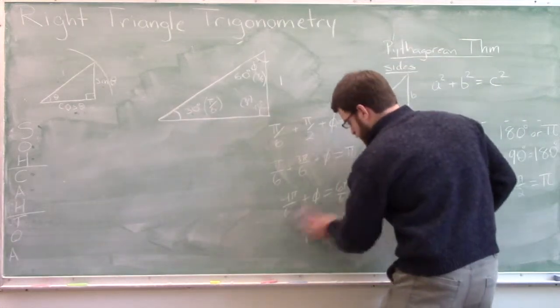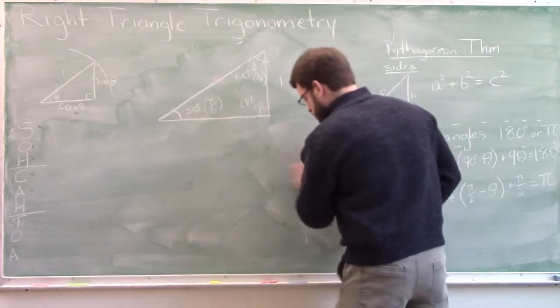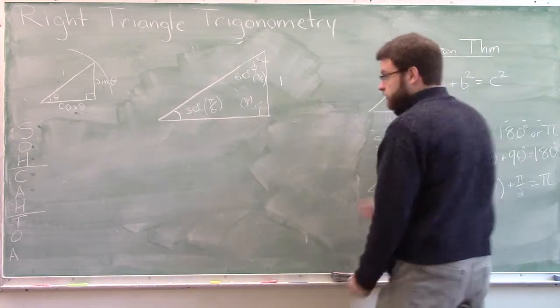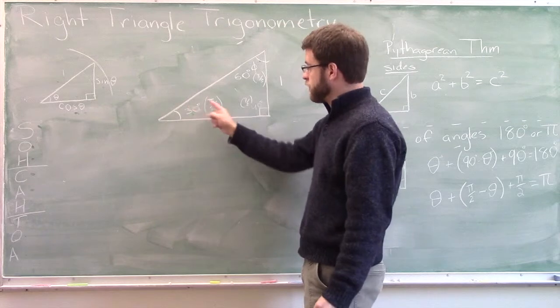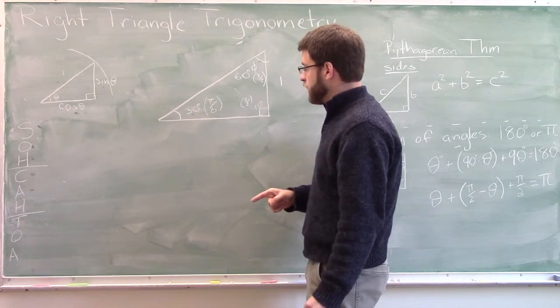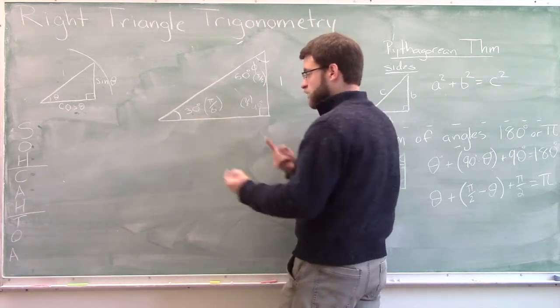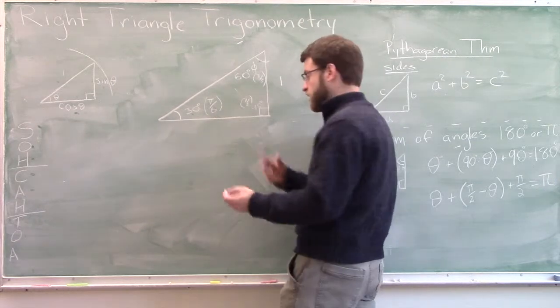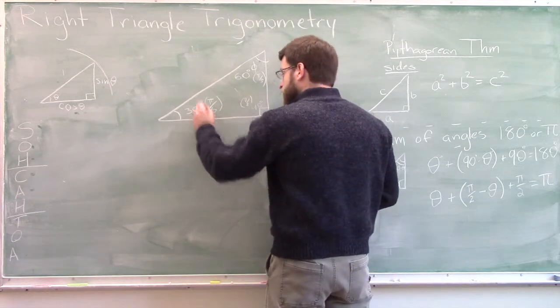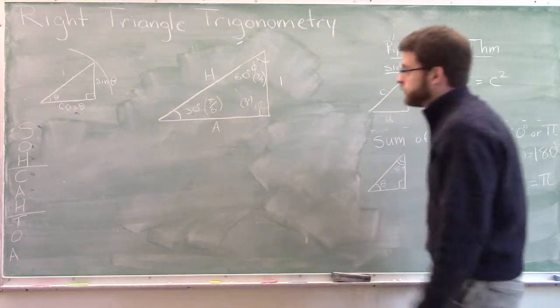What I'd like to do is use this first angle that we were given, this 30-degree angle or pi over 6 radian angle, and I'll use the same labels as before, the adjacent and hypotenuse. Let's call this one A and this one H.